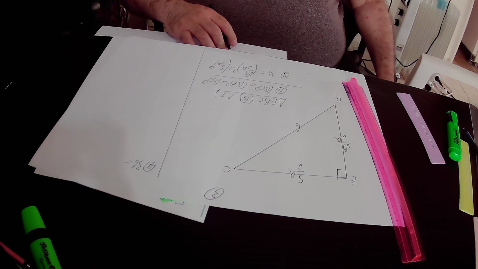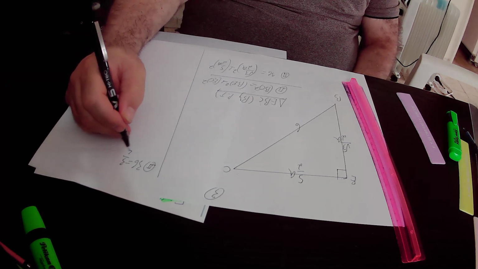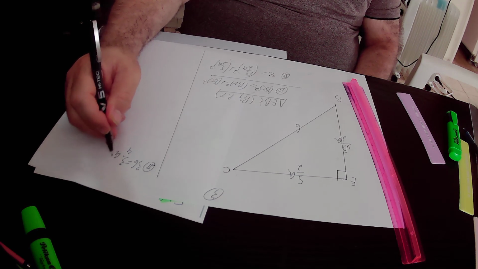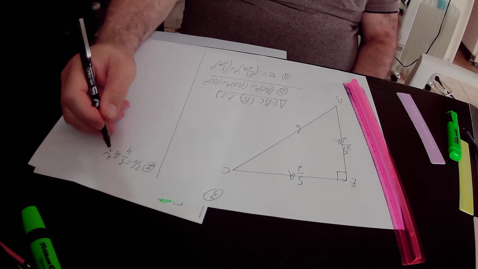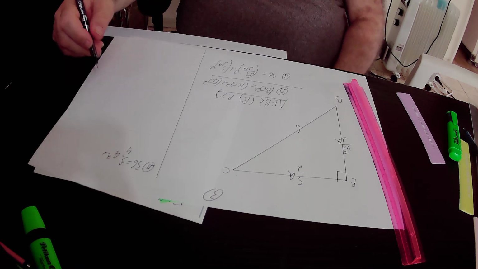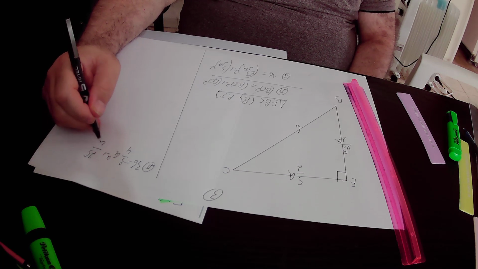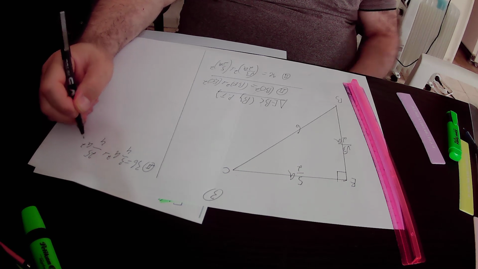Square root of 3 squared is 3, over 2 squared is 4, times A squared, plus 5 halves A squared. 5 squared is 25 over 2 squared is 4 times A squared.